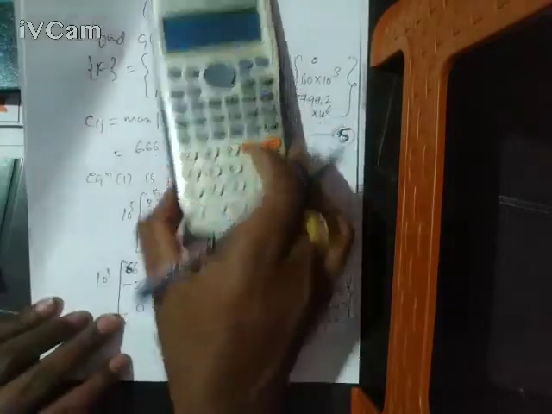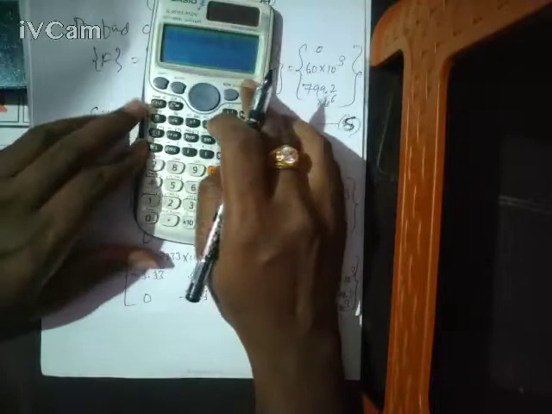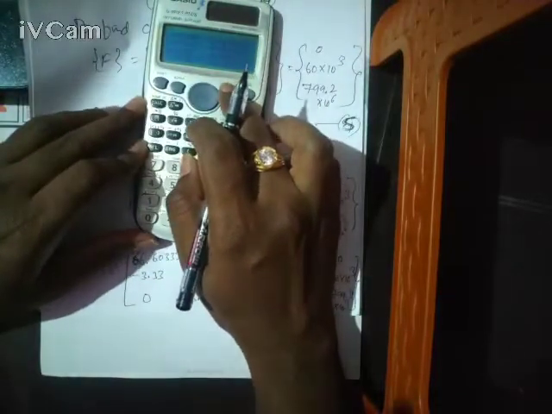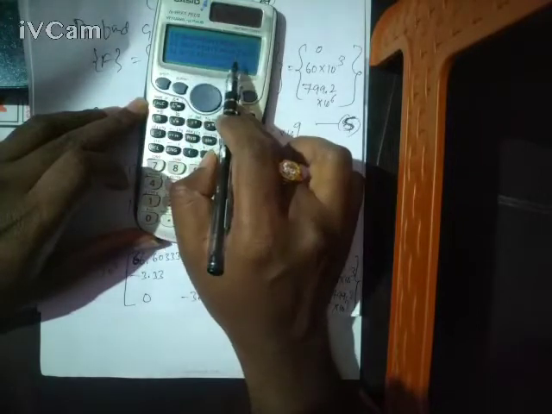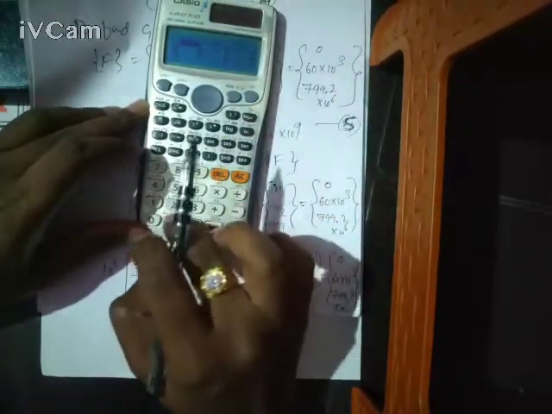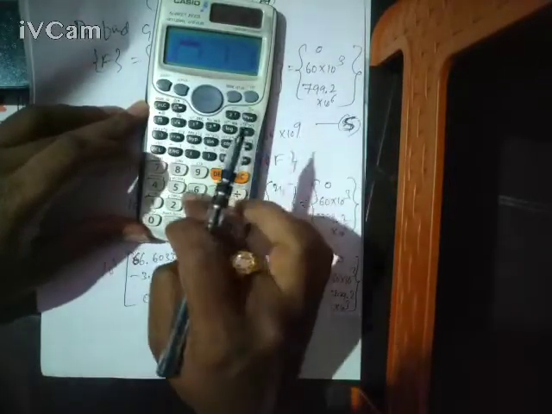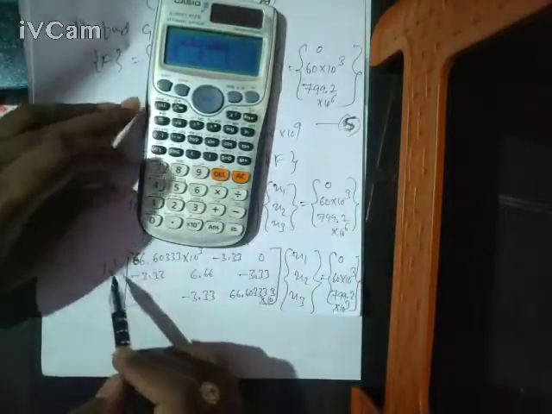Alright. So now using the calculator, since there are 3 unknowns, easily we can solve this problem with the help of the calculator. So go to equation 5. In these 3 unknowns I am going to choose 2. Now I will be substituting the value 66.60333 into 10 to the power 5.